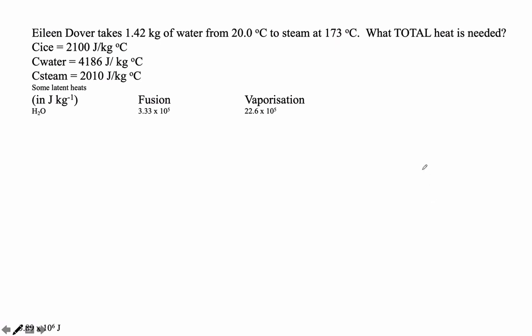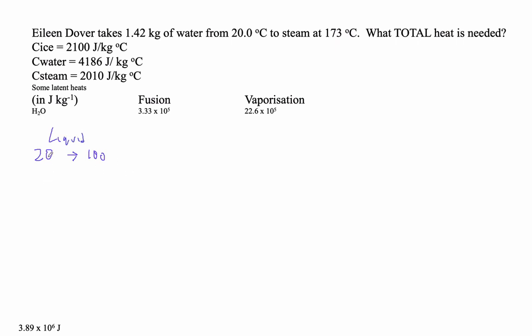All right. Takes 1.42 kilograms of water from 20 degrees Celsius to steam at 173 degrees Celsius. What total heat is needed? Okay, so understand that we're going to go from 20 to 100, and this is going to be liquid, right?